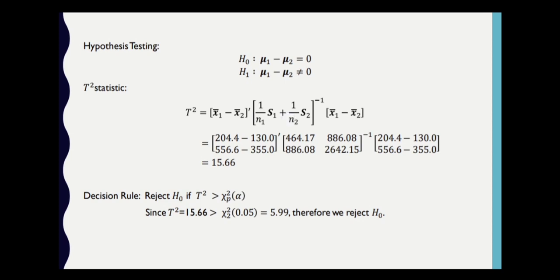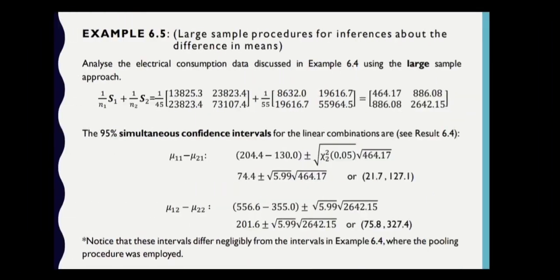Okay, and then kita comparekan nilai T-square here dengan chi-square P. Okay, so you akan dapat kat sini T-square more than the value of chi-square 2, which is 5.99. Therefore, we reject H0.